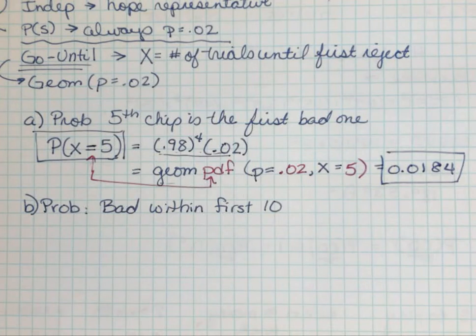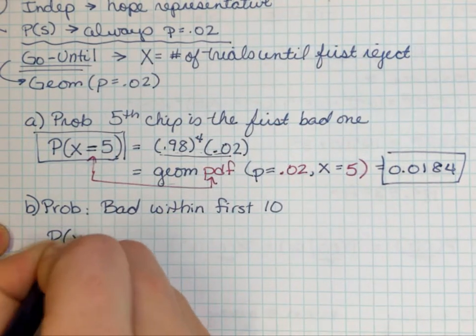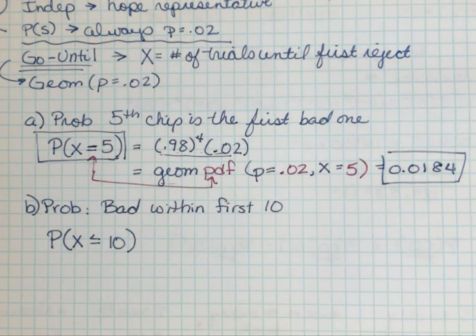Okay, if you take Algebra 2 within 4 years of high school, and you happen to take it your senior year, did you take it within your 4 years of high school? Yes. So what we're looking at here is the probability that the first bad one occurs somewhere within the first 10.